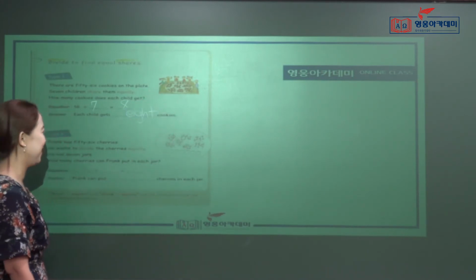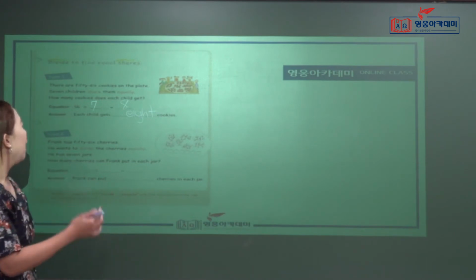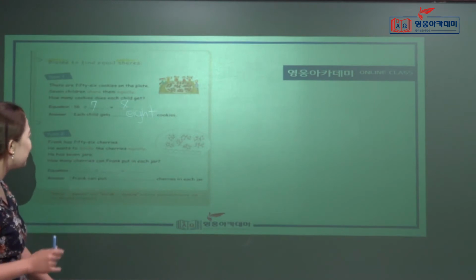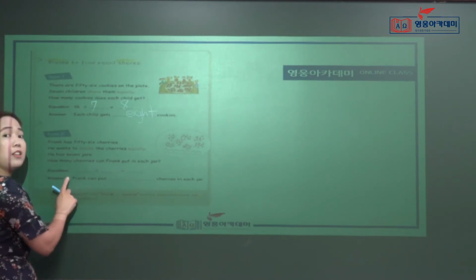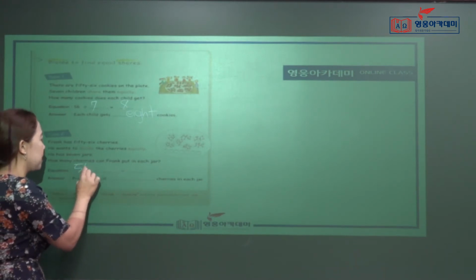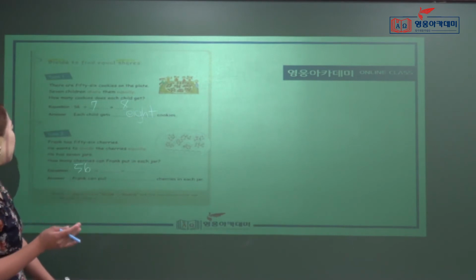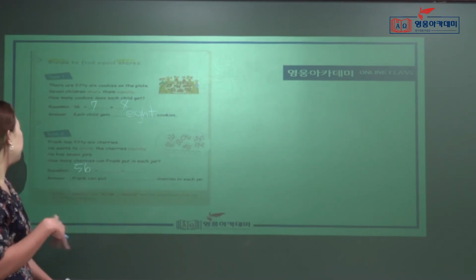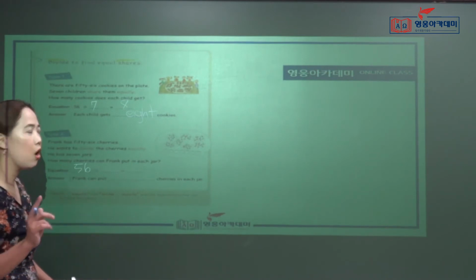So easy? Okay, how about here? Let's read together, guys. Frank has 56 cherries. I'm gonna write the equation here right now, 56. He wants to divide the cherries equally. So, he has 7 jars.